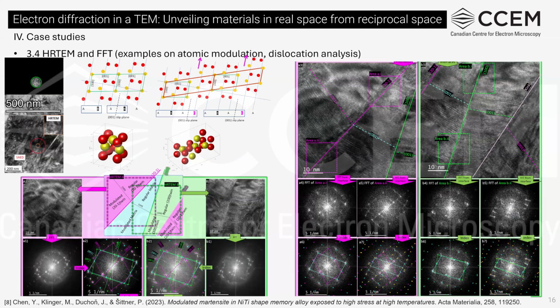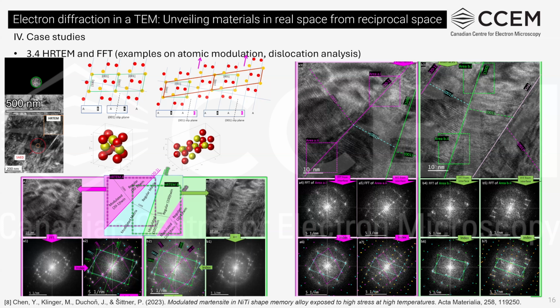And the last practical case is an example of using high-resolution TEM. The fast Fourier transformation, the FFT, from the high-resolution TEM can be used as a diffractogram. The reason for using high-resolution TEM is that the major drawback of using an SAED aperture to do electron diffraction is the size of the SAED aperture. Look at this figure.